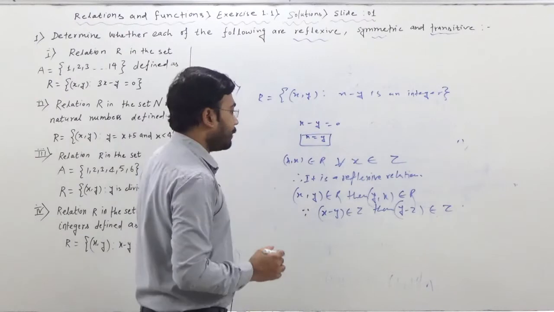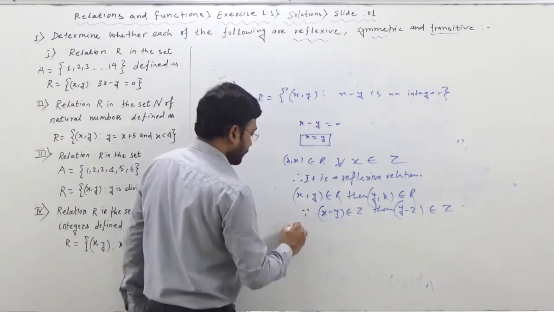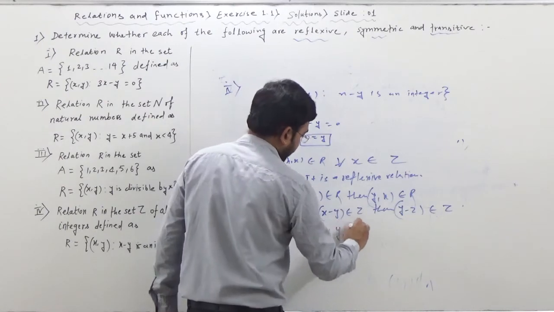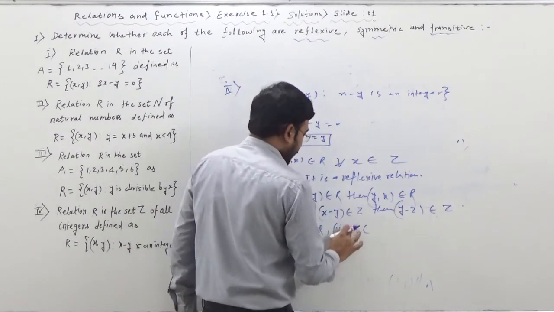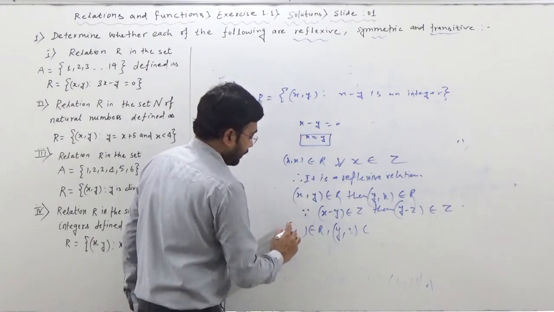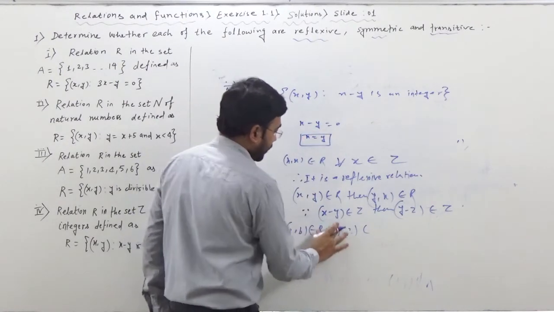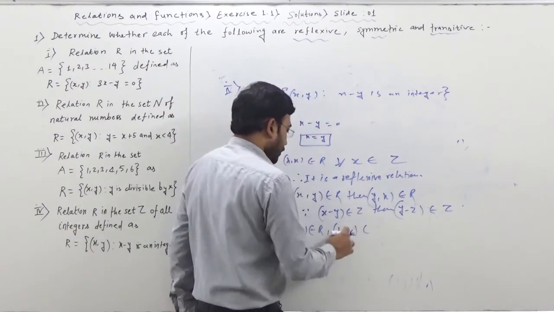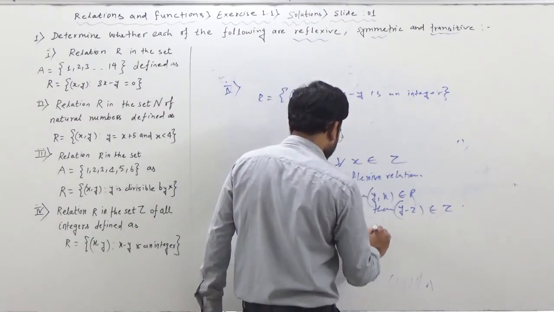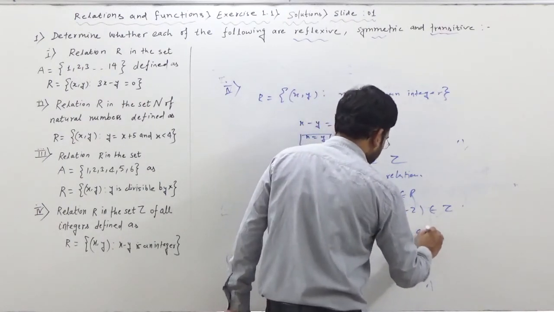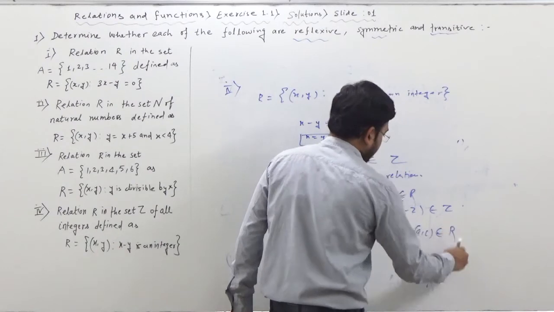Now we will check it for a transitive relation. Transitive relation means (x, y) belongs to R and (y, z) belongs to R. Or let it be a, b, c, or you can give it some other name. Okay, (a, b) and then c, because z should not be mismatched. So (b, c) belongs to R. Then does (a, c) also belong to R?